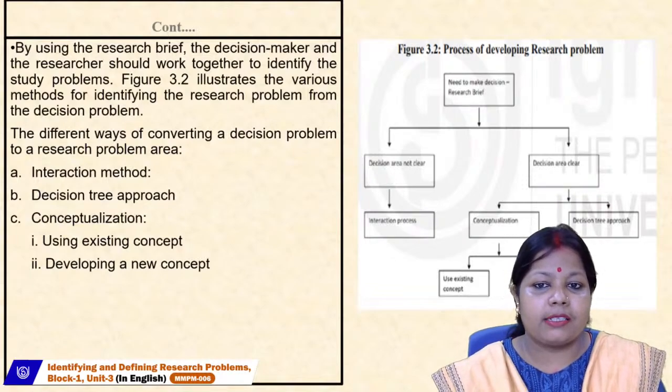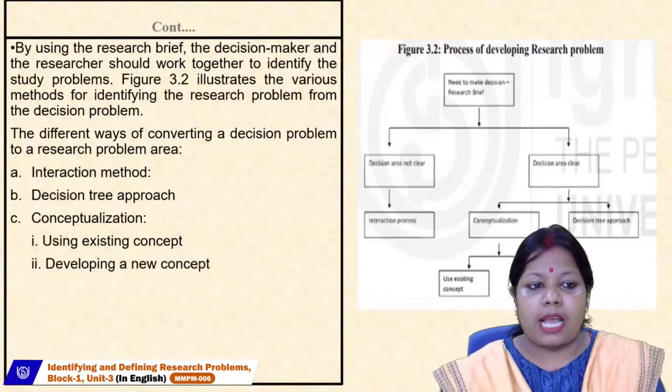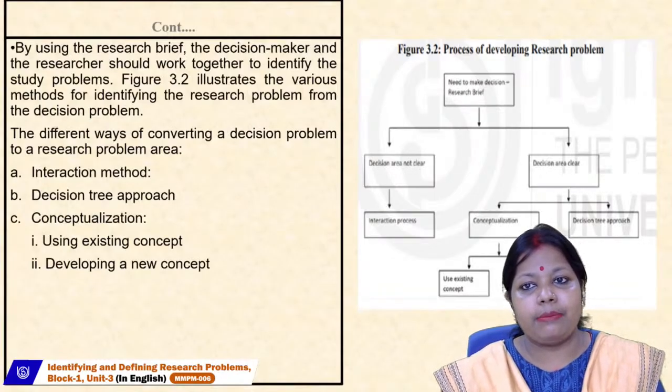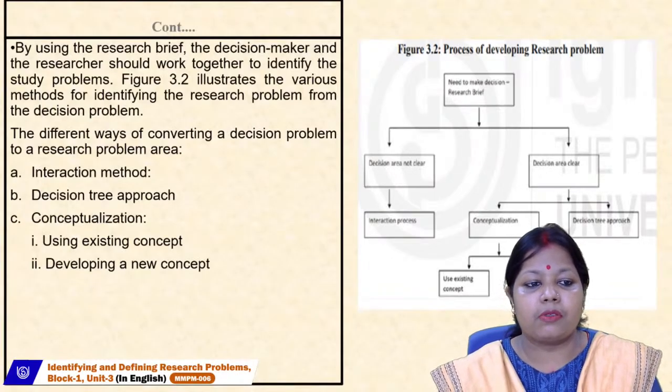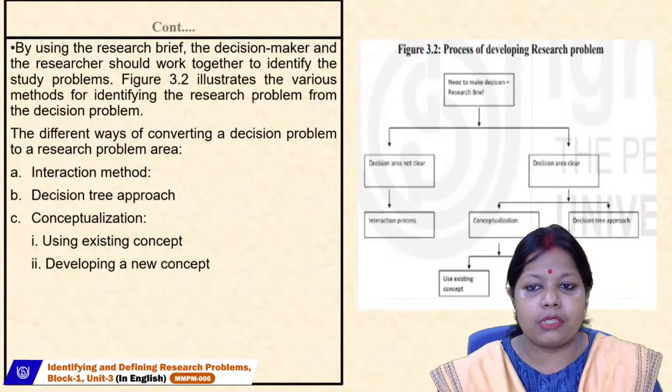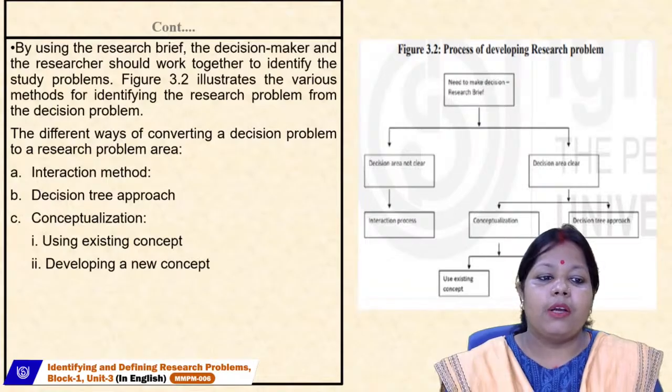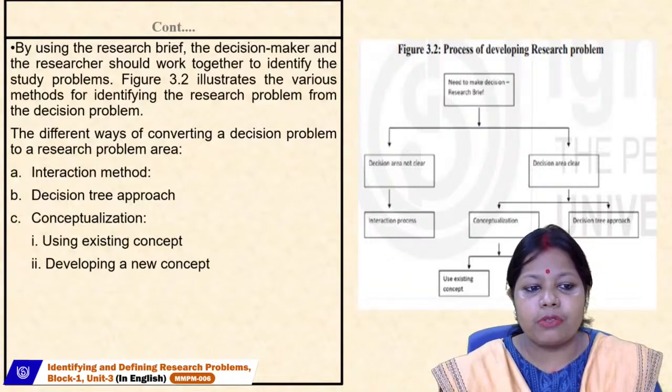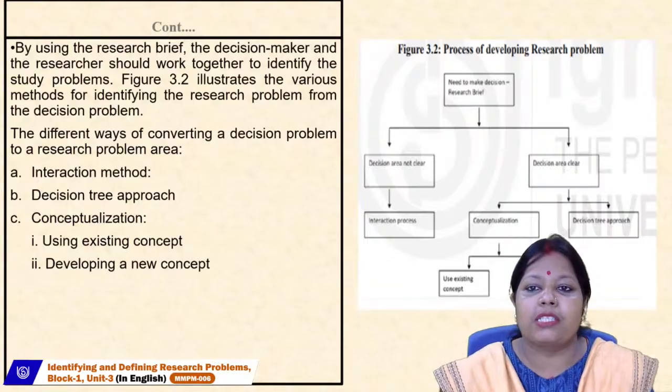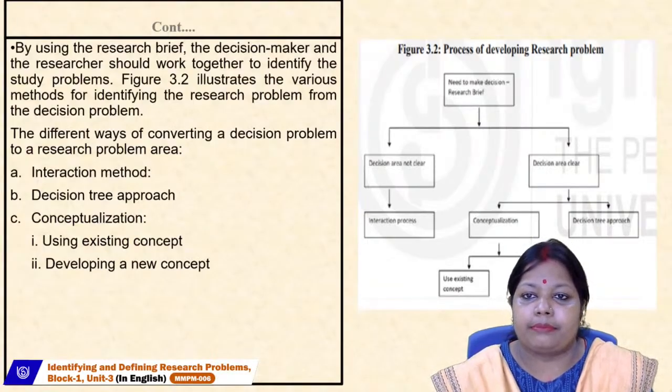In conceptualization, again, there are two concepts: using an existing concept, and developing a new concept. Either we are using the same previous or old concept which existed, now used in some different way, or we are totally ignoring the first one and developing a new concept for the same.